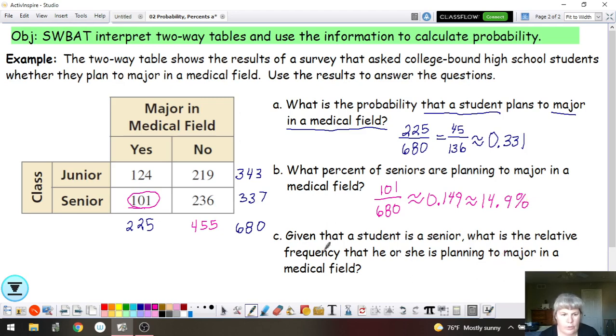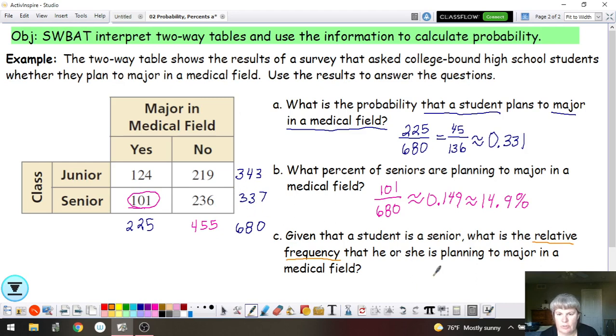Another word or phrase you may see when you're doing problems like this is relative frequency. Think of it as another way of saying probability. Given that a student is a senior, what is the relative frequency that he or she is planning to major in a medical field? So we know how many students are seniors.